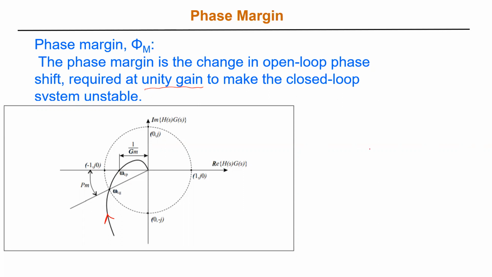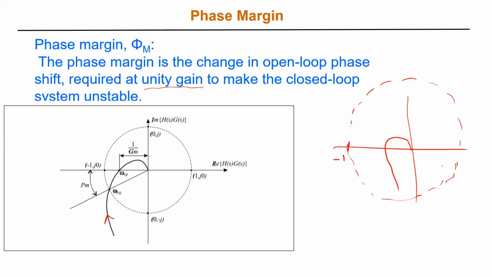Look, this is my system, and suppose this is the -1. Let me draw a circle with the center at the origin that passes through -1. What will be the radius? 1.